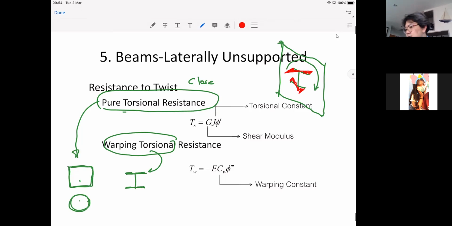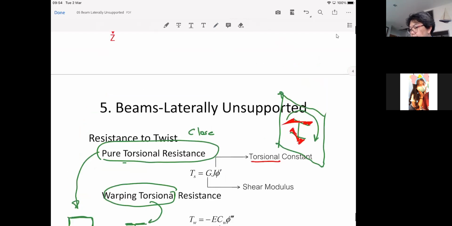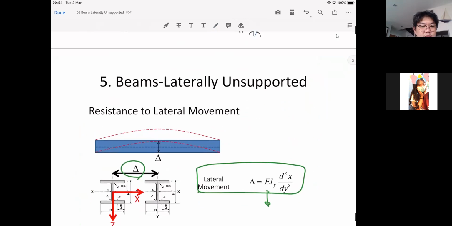So when we consider the lateral torsional buckling behavior of the beam, there will be the torsional constant and warping constant involved. All in all, there are two aspects to consider in lateral torsional buckling: the lateral movement of the member, in the y direction.